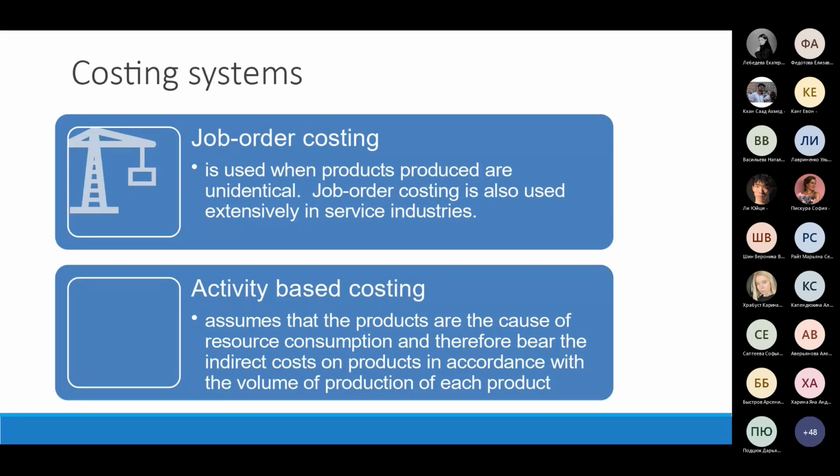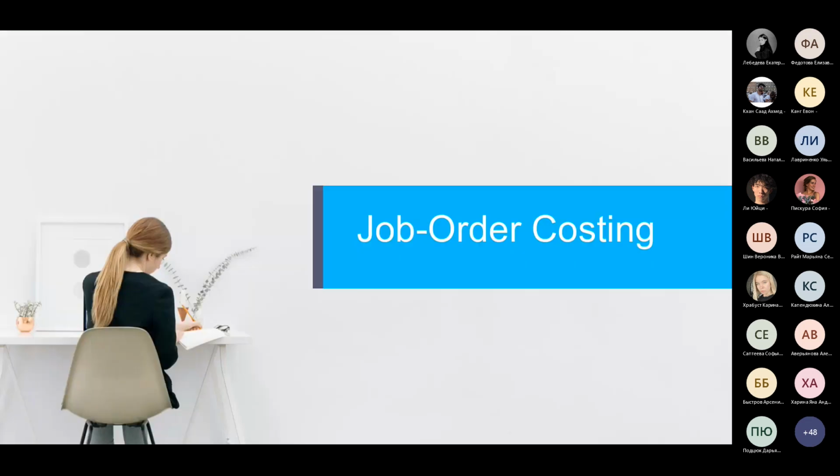So activity-based costing is fully based on the cost driver definition. It is fully based on activity analysis, and it means that we have to select the proper cost driver in order to allocate our costs correctly. And today we start with job order costing.